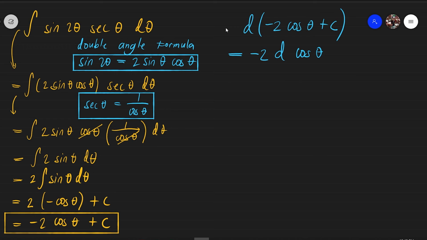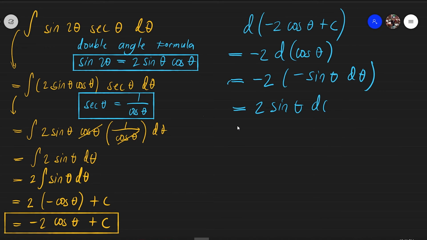Differential of cosine theta. The differential of c is 0. So this is equal to negative 2, and the differential of cosine is negative sine. So this is negative sine theta d theta. Simplifying this, negative times negative is positive, so 2 sine theta d theta.